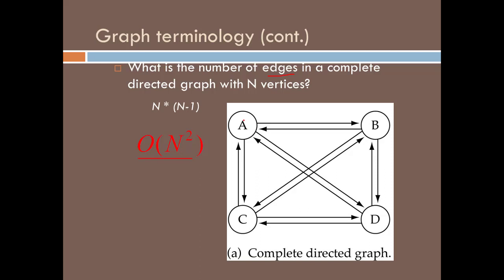For example, here we have n equal to 4, so 4 multiplied by 3.